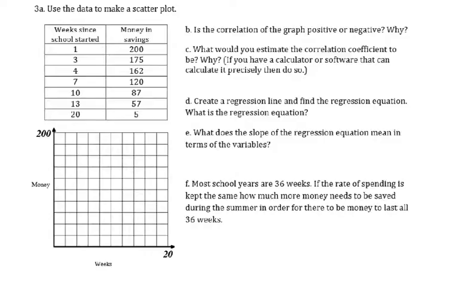Okay, on this one you're doing the same idea with a scatter plot. So we plot the points. So we've got weeks, we go up to 20. So we're counting by 2s, 2, 4, 6, 8, 10, 12, 14, 16, 18, 20. Money and savings, we start at 200, and we're probably counting by 20s. So 20, 40, 60, 80, 100, 120. Well, that's not going to work either, is it?